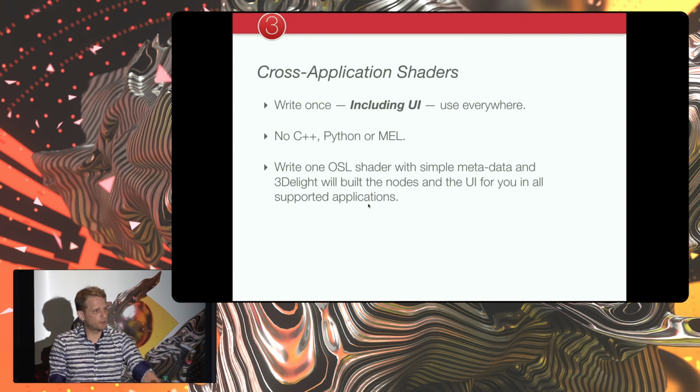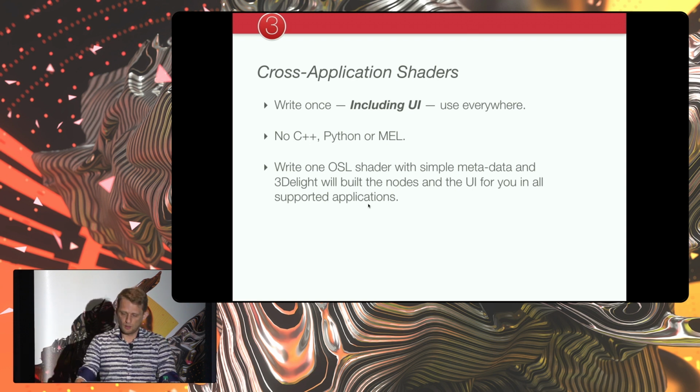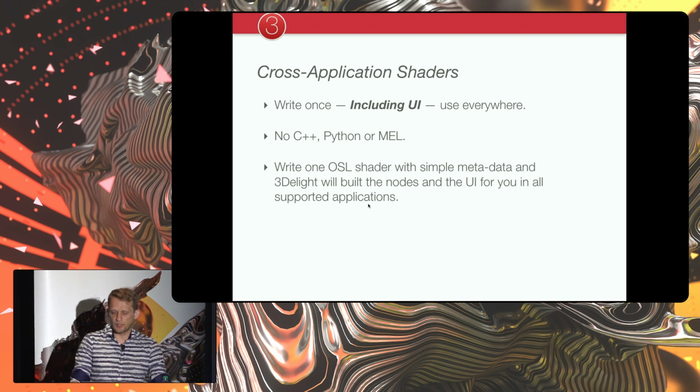Another thing we worked on is a way to write shaders more efficiently across all platforms and all 3D apps. You can now write a shader one time and include some metadata inside it, and 3Delight and all the plugins will create the UIs for you.